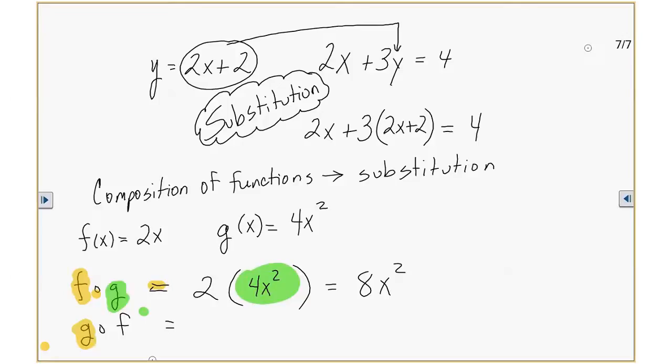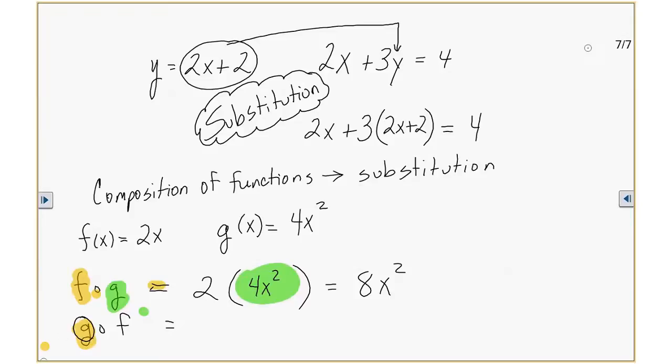Now, I have tried to teach students composition several different ways, and none of them have been successful except for the big set of parentheses. You might want to ask where I came up with it. Not from another teacher. That's the way I did it when I was a student. When I learned composition of functions, I said to myself, okay, this guy is going to get the parentheses.